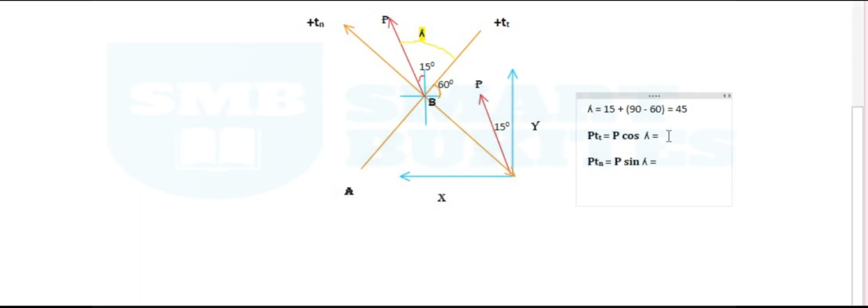To find our PTT, we multiply P, which is 90, cos our lambda, which is 45, and this gives us 63.6 newtons. Then our PTN is going to be the same as our PTT. 90 sine 45 is also going to give us 63.6 newtons.